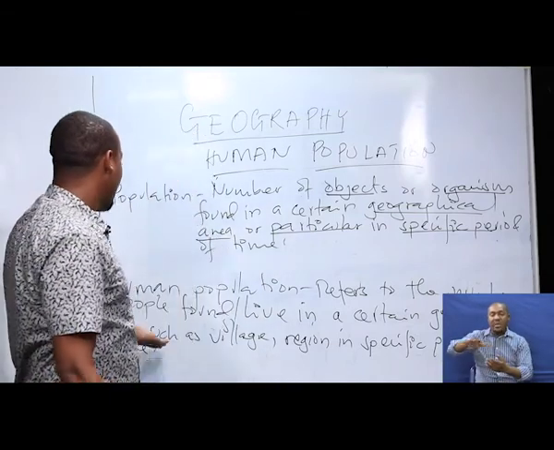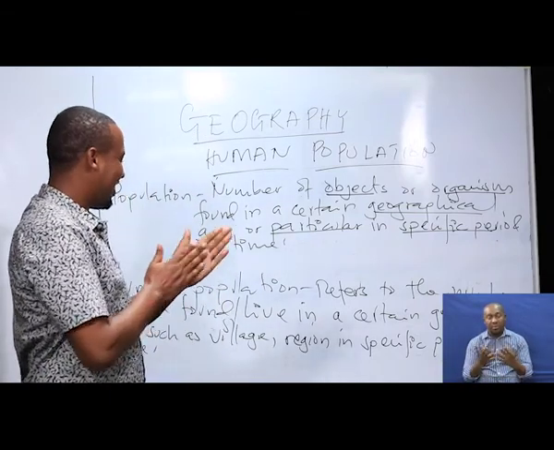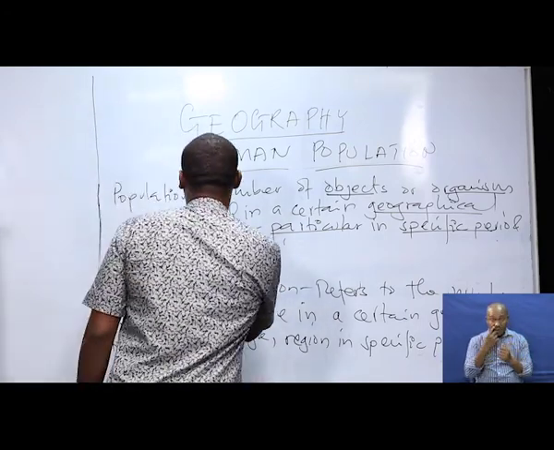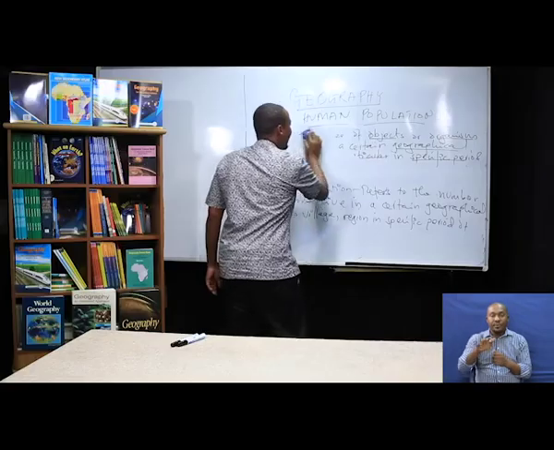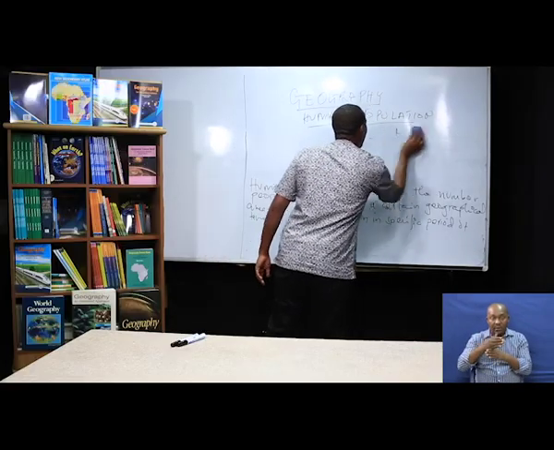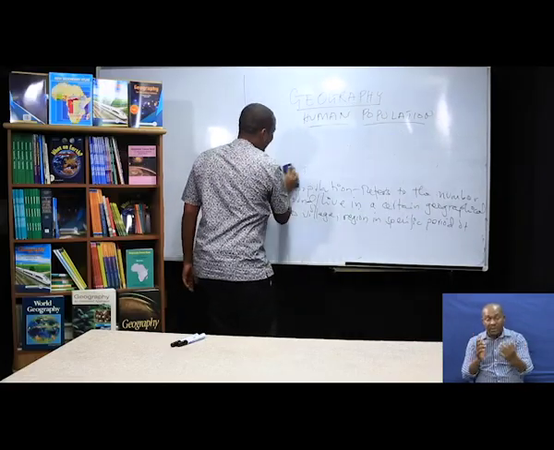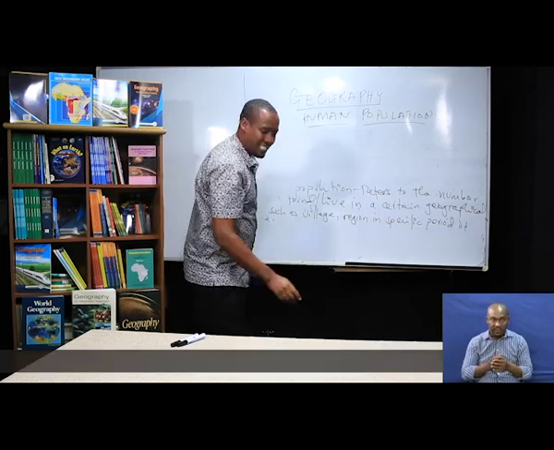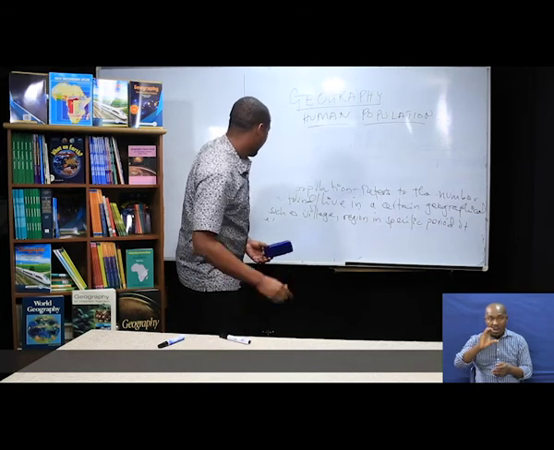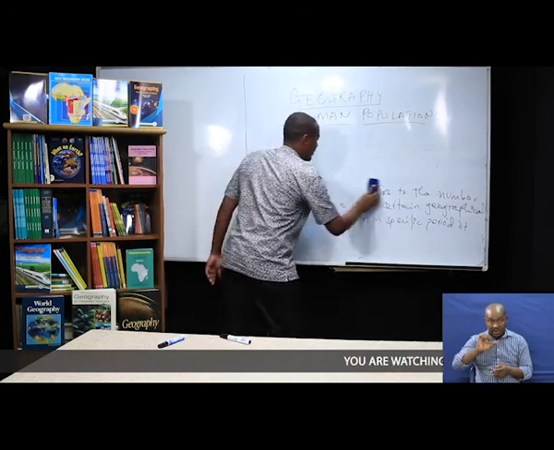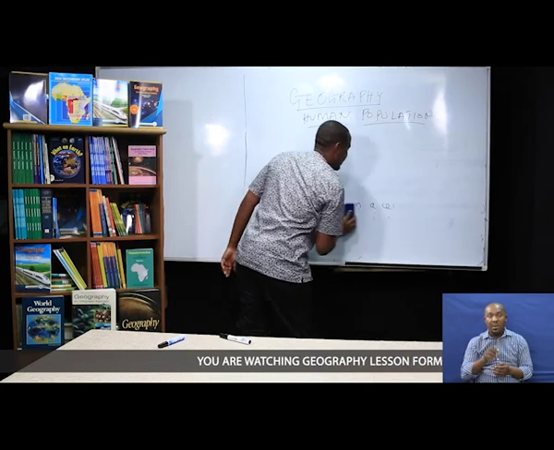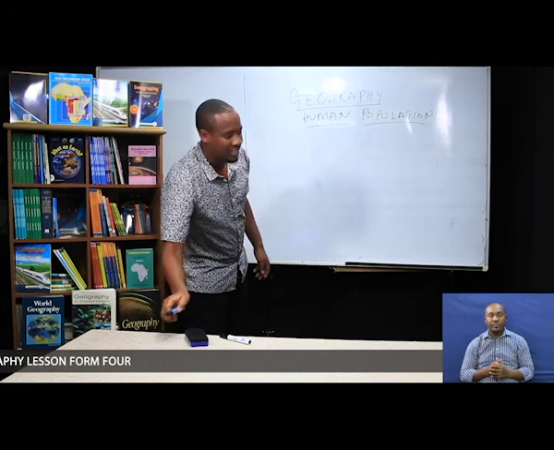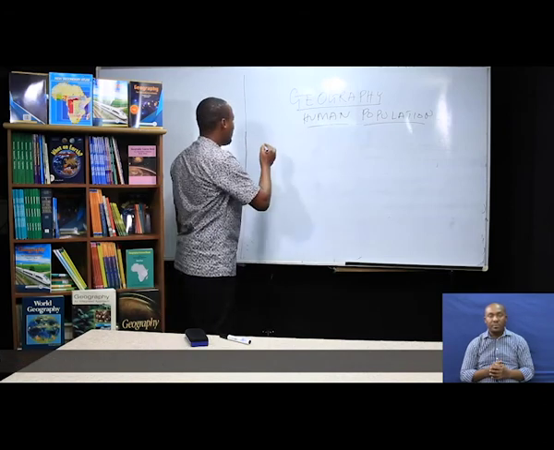Now, after knowing the meaning of human population, let's see the other area that concerns human population. That is the characteristics of human population. We have already seen the meaning of population.